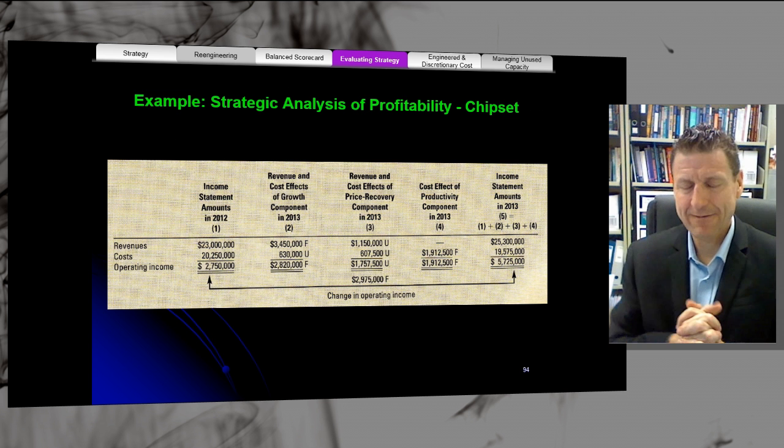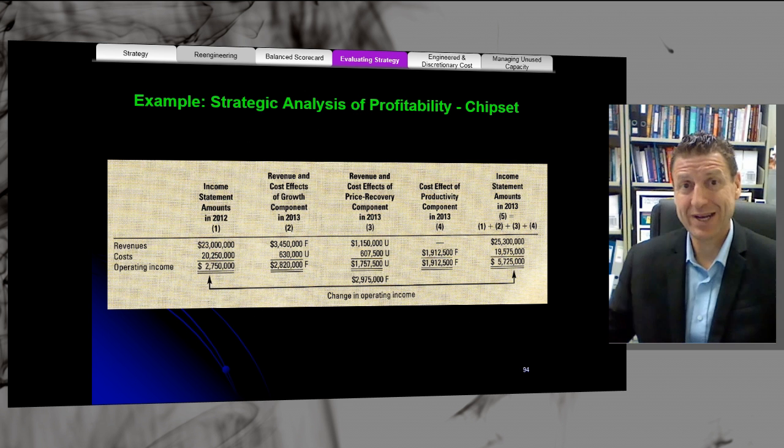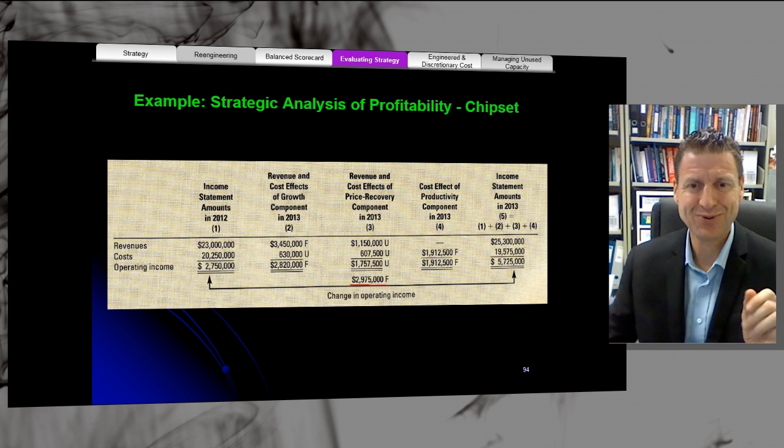So here we have a summary of all of these formulas that we've just calculated. We've got a total change in operating income of 2.79 million. That is favorable. There is the revenue and cost effects of the growth component, the revenue and cost effects of the price recovery component, and the cost effect of the productivity component.